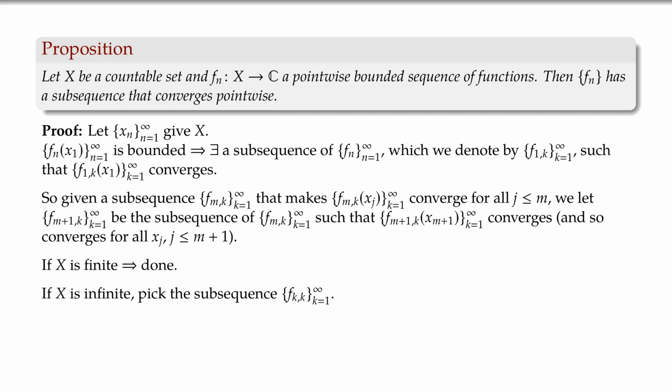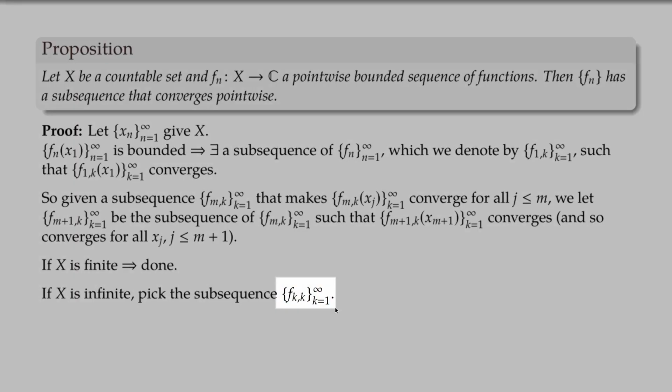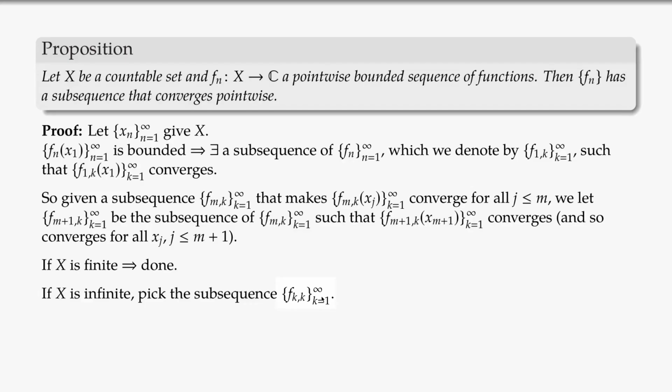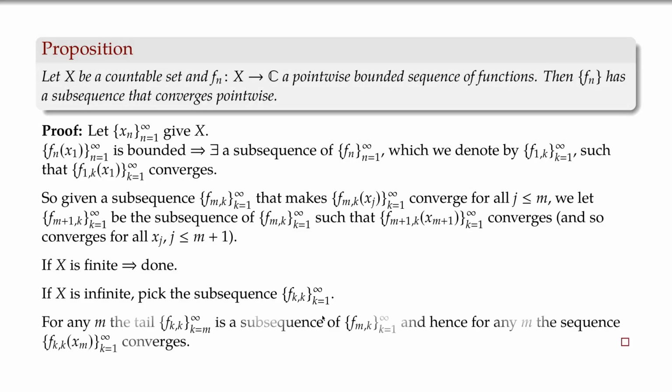We don't have any one particular subsequence that works yet. But what if we take a subsequence whose kth entry is the kth entry of the kth subsequence that we defined previously, f sub kk? This is the diagonalization that I was talking about.